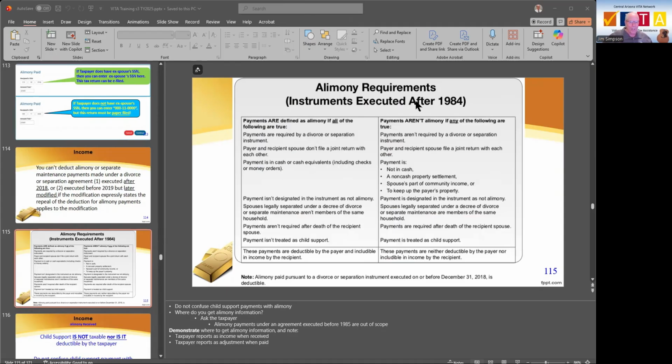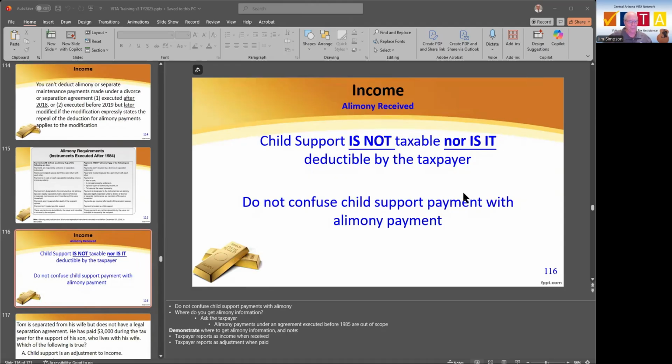I won't read all of this other, but this gives you examples of what is not alimony. Again, we've already spent too much time. You don't see that much alimony in VITA. Child support is not taxable, nor is it deductible by the taxpayer, so don't confuse child support and alimony. I think we beat that to death now.